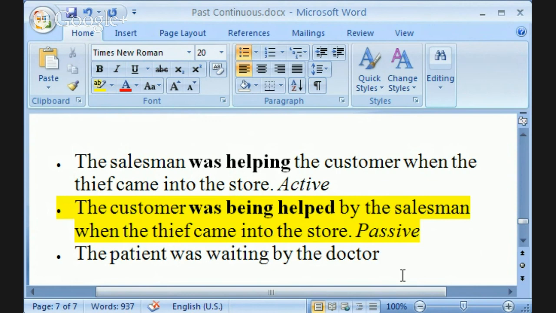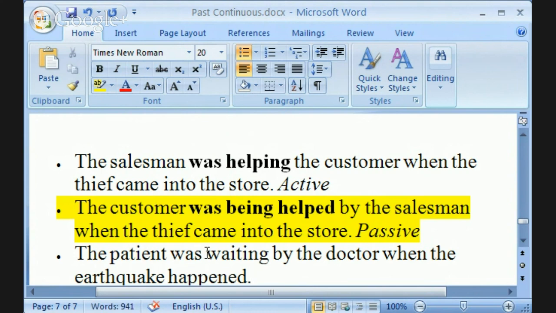When the... okay. One day earthquake happened. Okay. Now let's take a look at this. Wait a second.